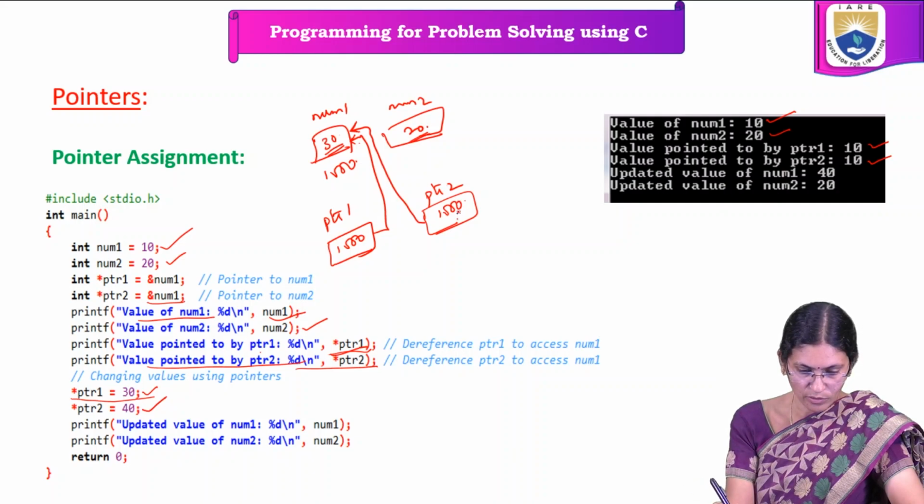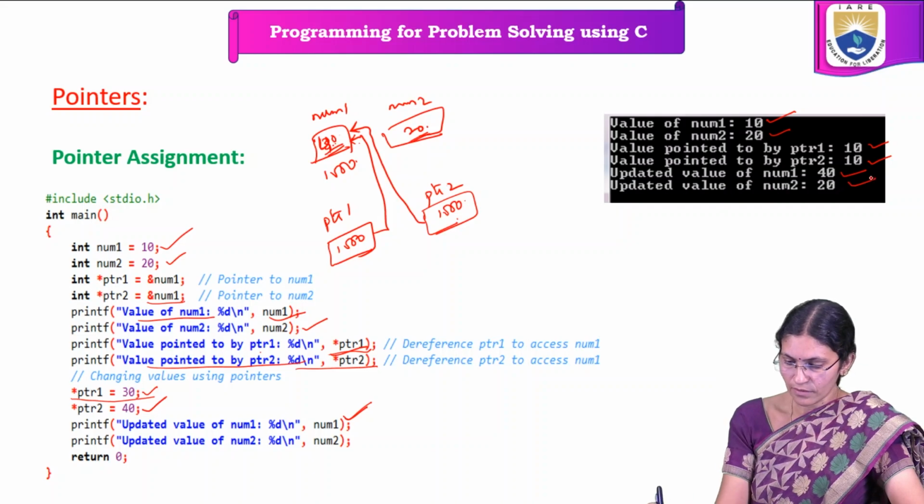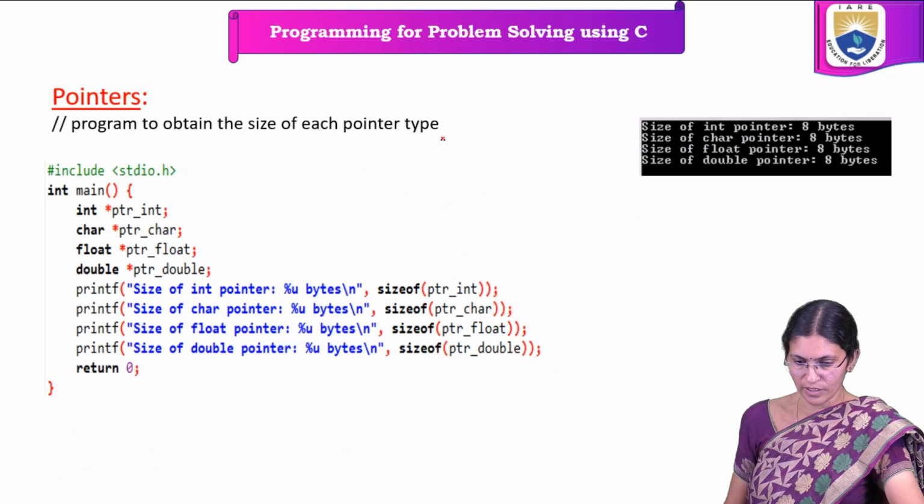Ptr2 is also storing the address of num1 only, so num1 will be 40. You can see here the output of this is the updated value of num1 is 40, and then the updated value of num2. Num2 we have not changed anything, so it will remain as it is. So 20 is the output here.